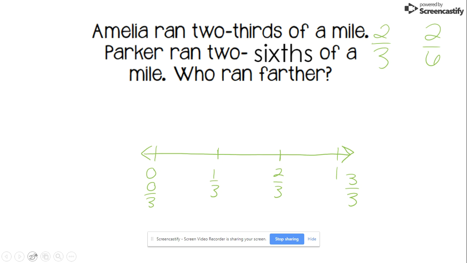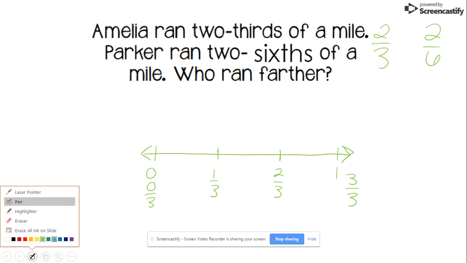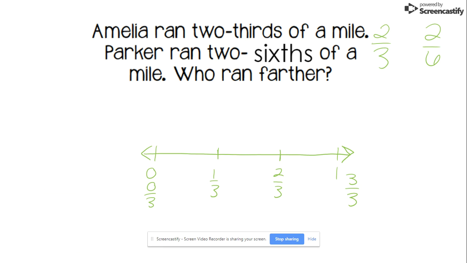Now, since my fractions are double facts of each other, I can take this same number line and partition it into 6. To make 6, I can take each of my sections and cut them in half. So this first tick mark would still be 0, and my last one would still be 1. And now I'm going to ignore the fractions underneath, and I can see that I have 6 spaces now.